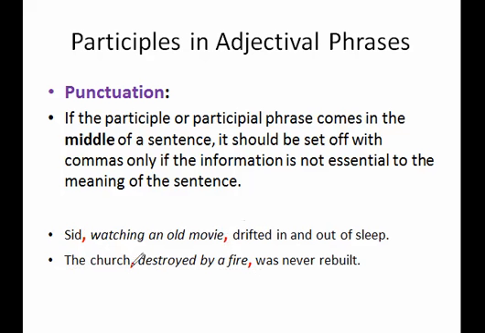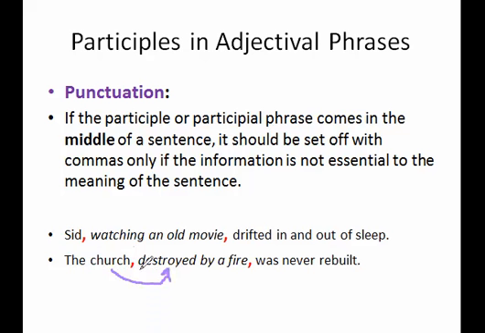Once again, can I say that the church was never rebuilt? Is the sentence complete? Yes, the sentence is still complete. But destroyed by the fire gives us some extra information about the church. What had happened to the church? It was destroyed by the fire.